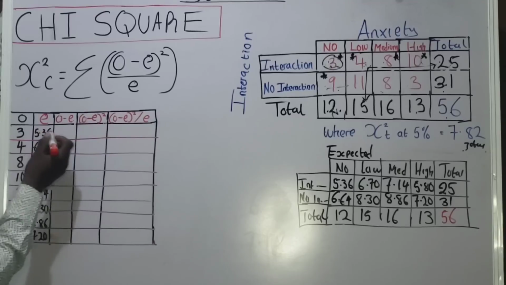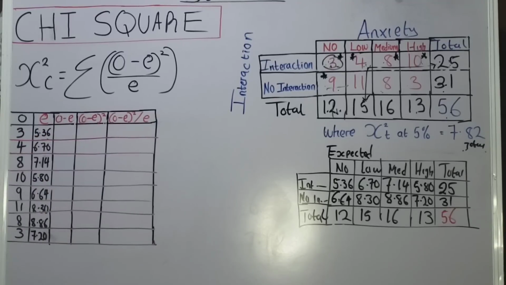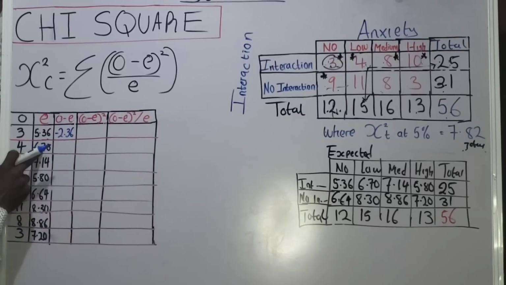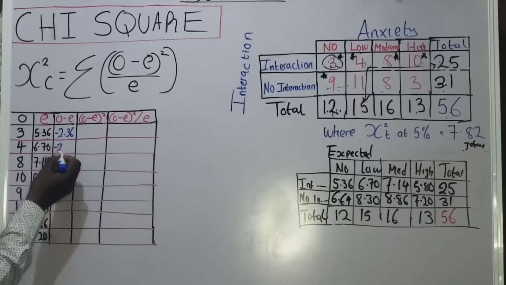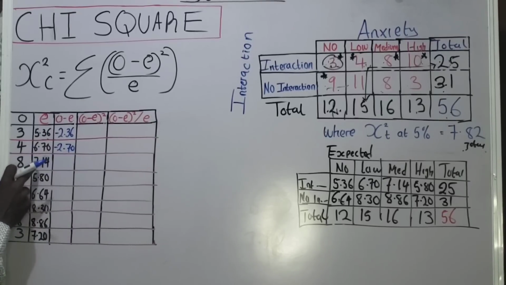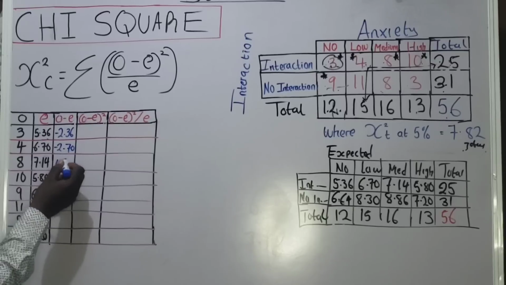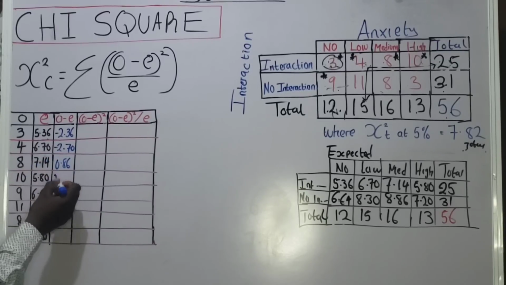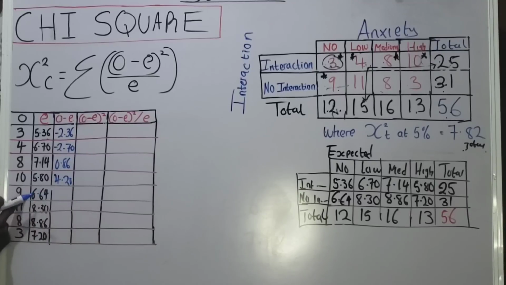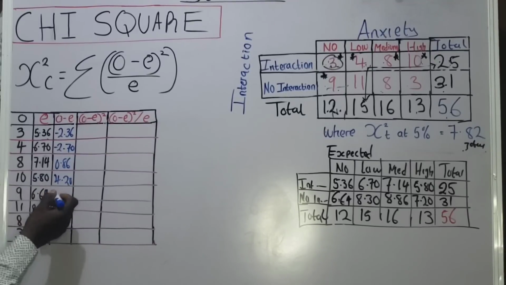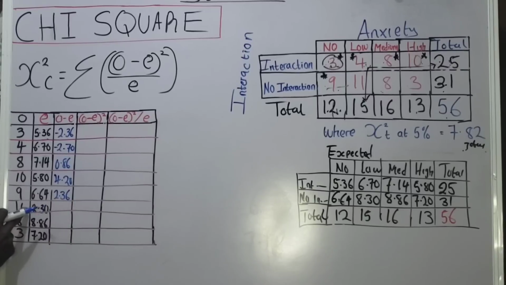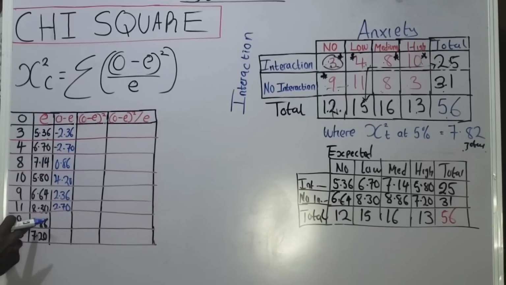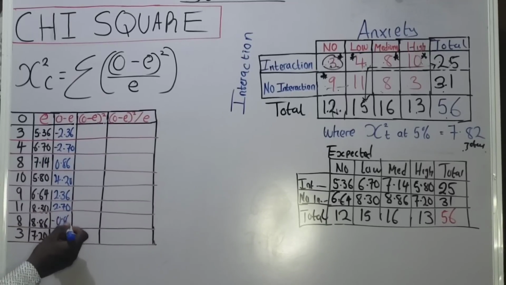That is negative 2.36. 4 minus 6.70 is negative 2.70. 8 minus 7.14 is 0.86. 10 minus 5.80 is 4.20. 9 minus 6.64 is 2.36. 11 minus 8.30 is 2.70. 8 minus 8.86 is negative 0.86.